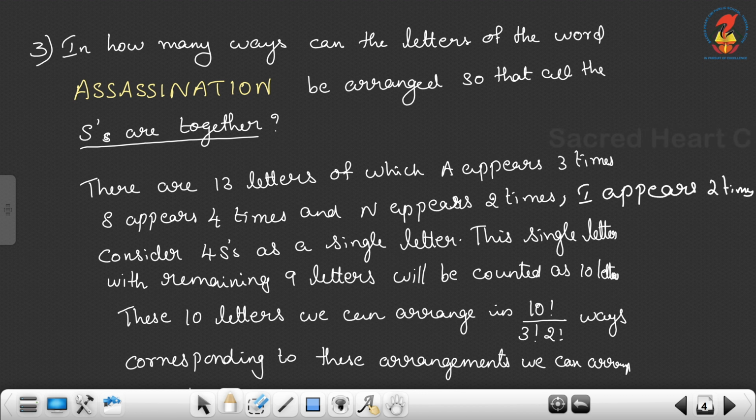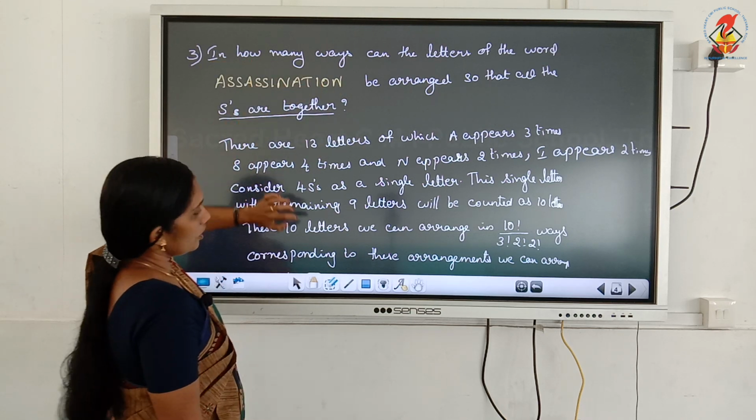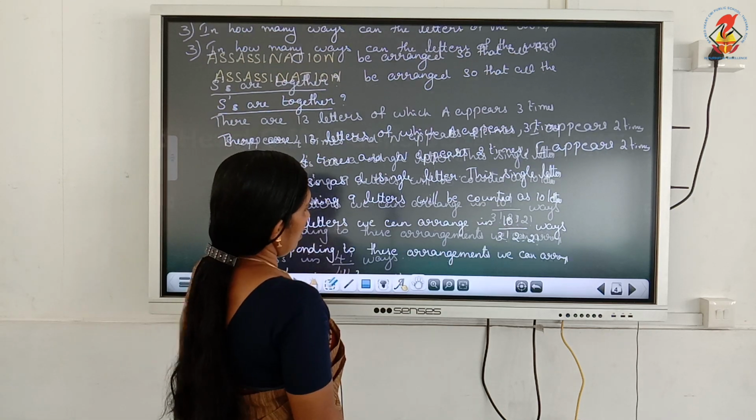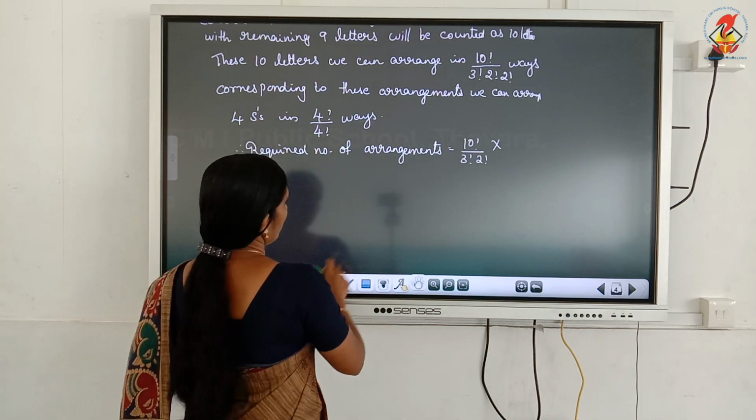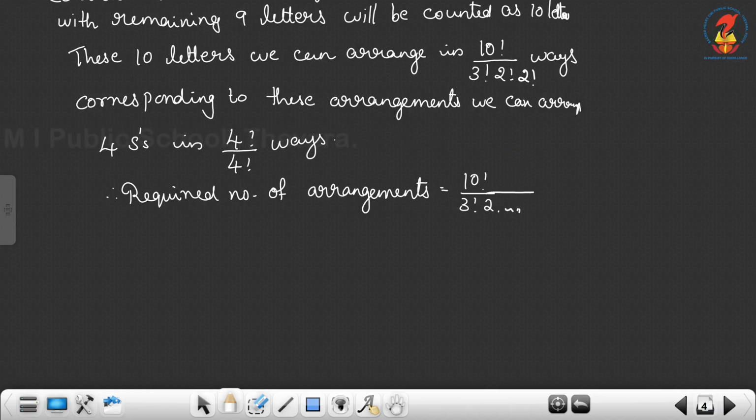Okay, so here 2 factorial also. A 3 times, S 4 times, N 2 times and I 2 times. So in the last into 2 factorial into how many S? 4s.